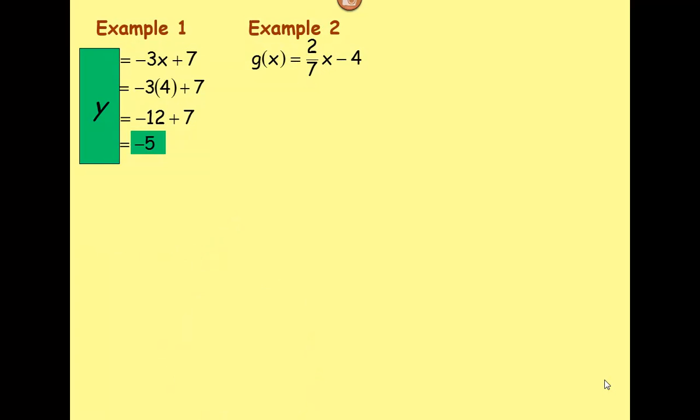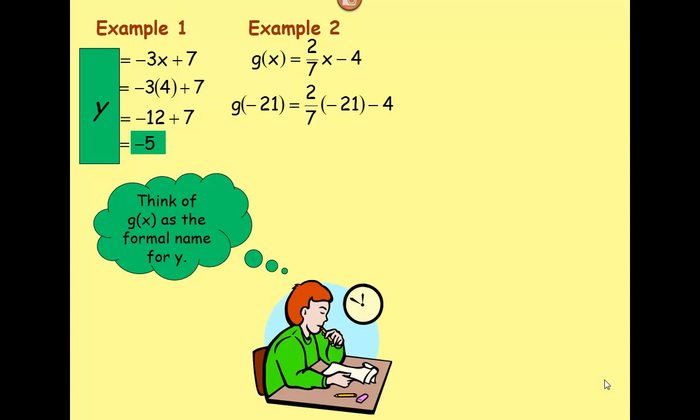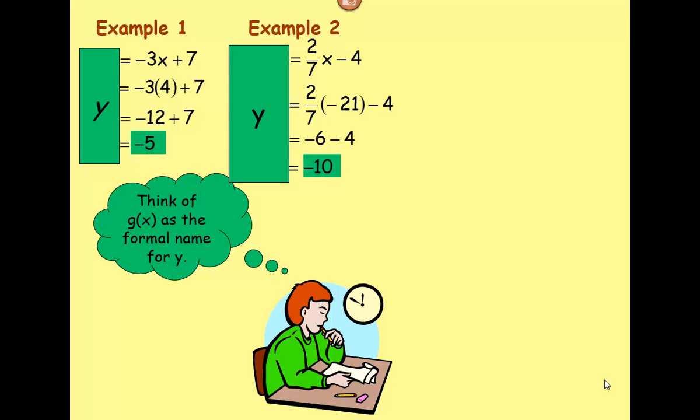Example number 2, we're going to do g of negative 21. Remember that the left-hand side is just like our y. The right-hand side, we're going to remember that the bottom of the fraction is like divide, the top of the fraction is like multiply. So negative 21 divided by 7 is negative 3. Negative 3 times 2 is negative 6. And then we're going to subtract 4 more.